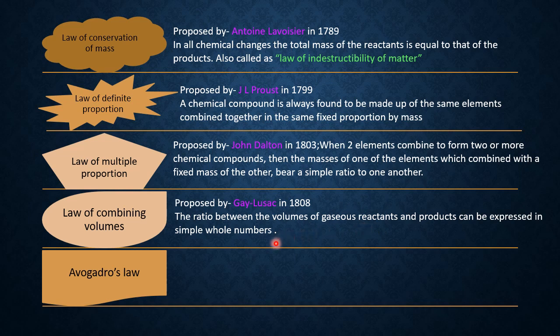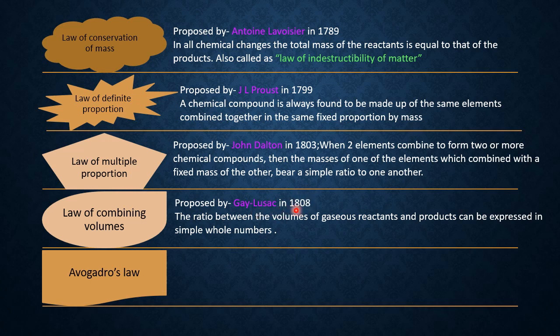So a simple ratio, 1 and 3. They are simple whole numbers, not fractions like 1 by 2, 3 by 4, or 1 by 8, not like that. Here also we can conclude that atoms and molecules participate wholly, whether in gaseous form, solid form, or liquid form. That is the meaning of these two laws.